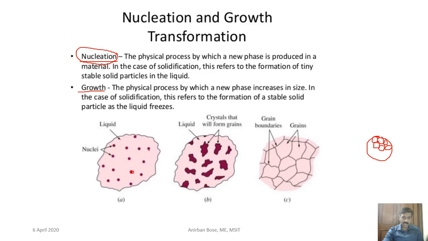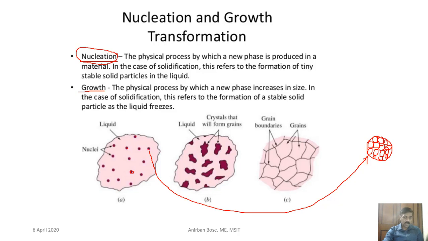Within this small thing, atoms are present, and these atoms are arranged in a crystalline order, a definite crystalline structure. So a particle is a collection of a few atoms.